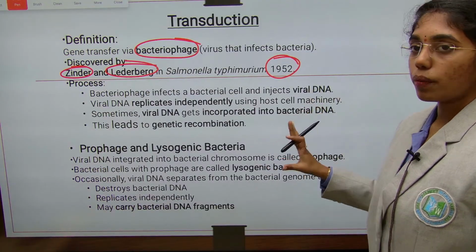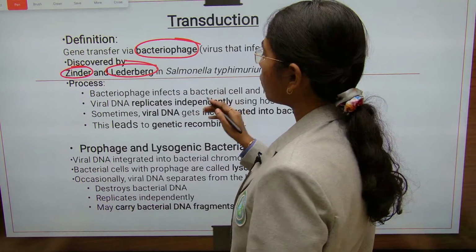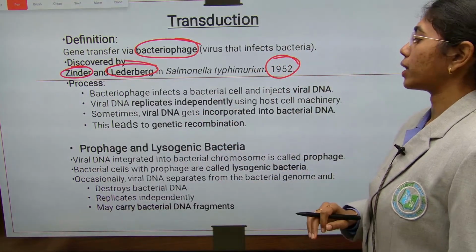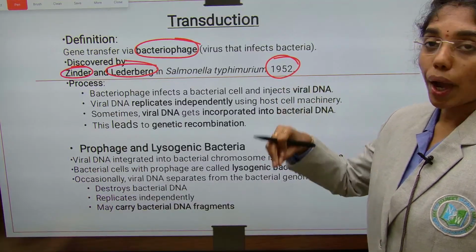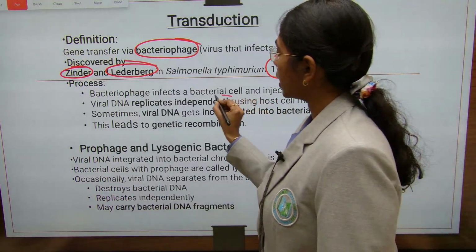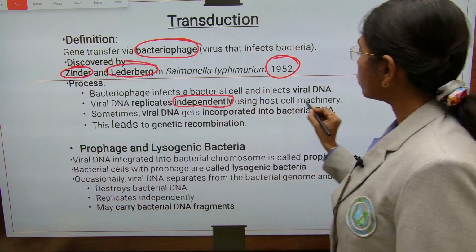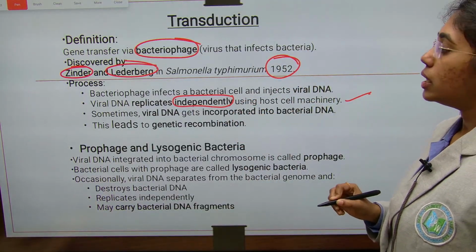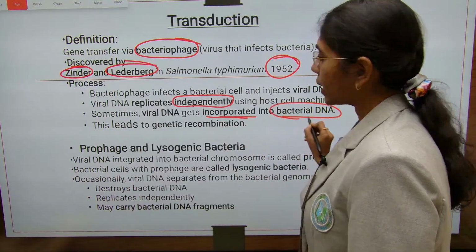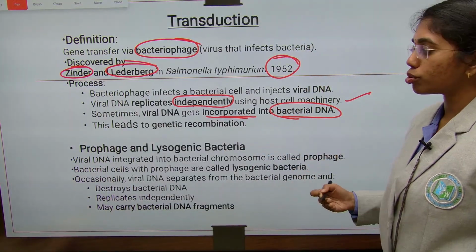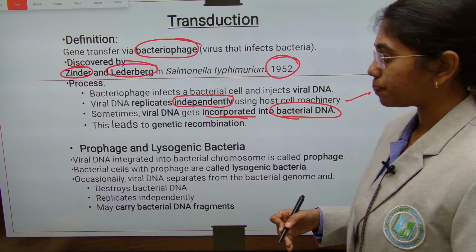The bacteriophage will first infect the bacterial cell and slowly inject the viral DNA. Viral DNA will start replicating independently using host cell machinery. Sometimes viral DNA will get incorporated into the bacterial DNA. This leads to genetic recombination.